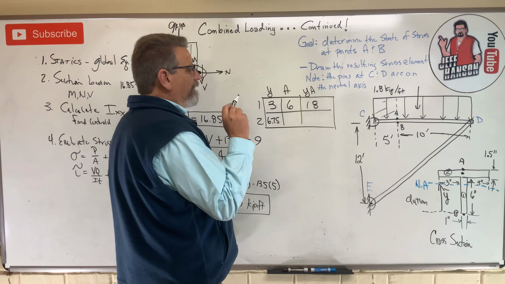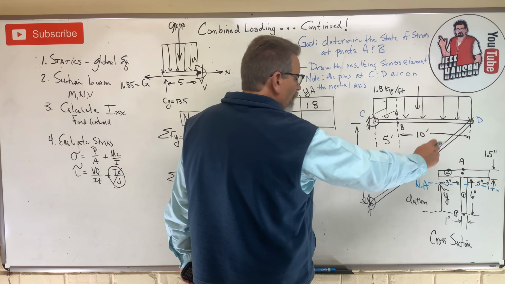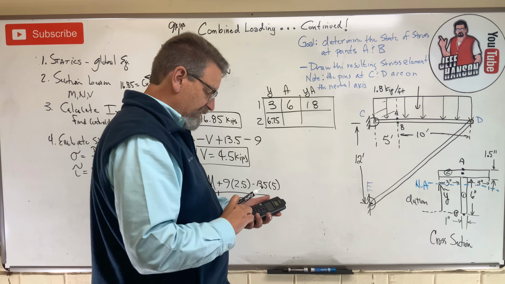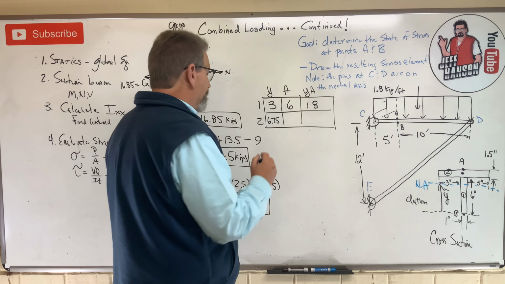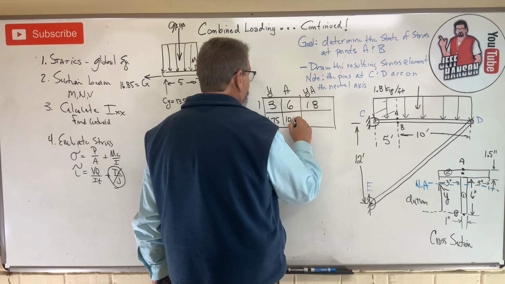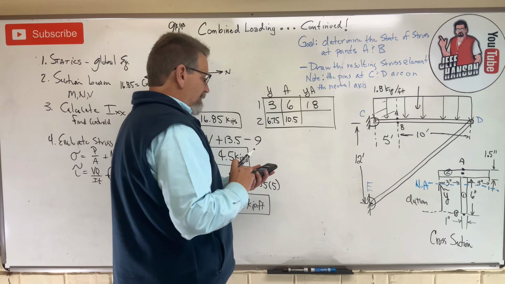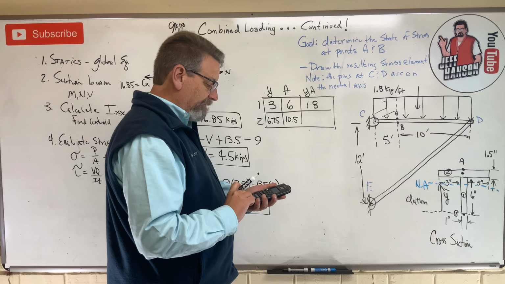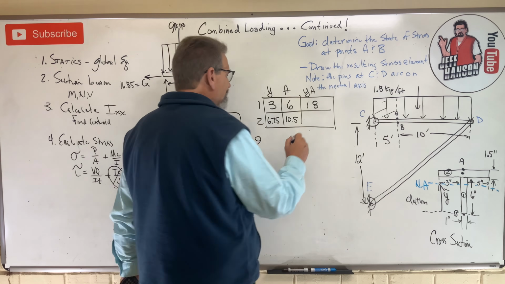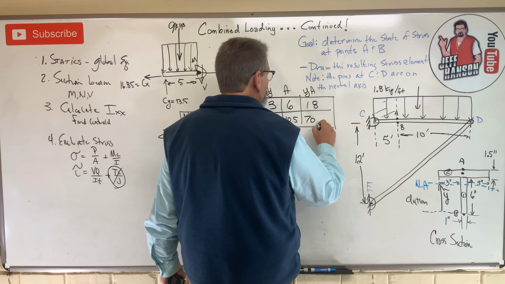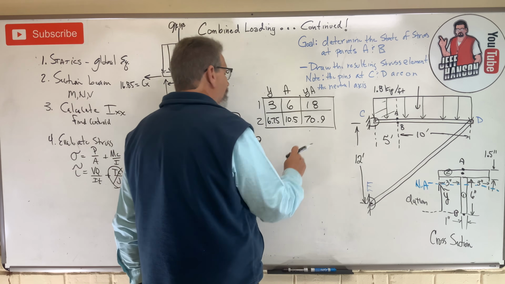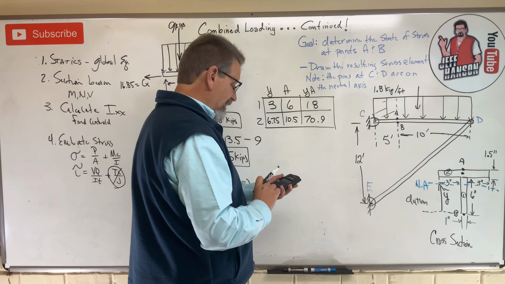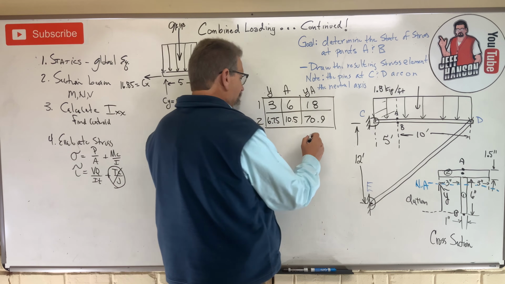What's the area of piece number 2? 1.5 times 7 is 10.5, times 6.75 is 70.875, about 70.9. Then add these together, plus 18, is 88.9.